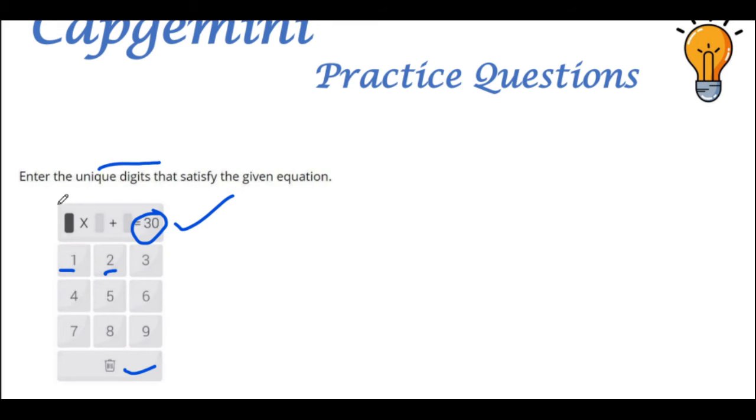For example, let's choose some numbers. We can choose 7 here, 4 here, and 2 here.